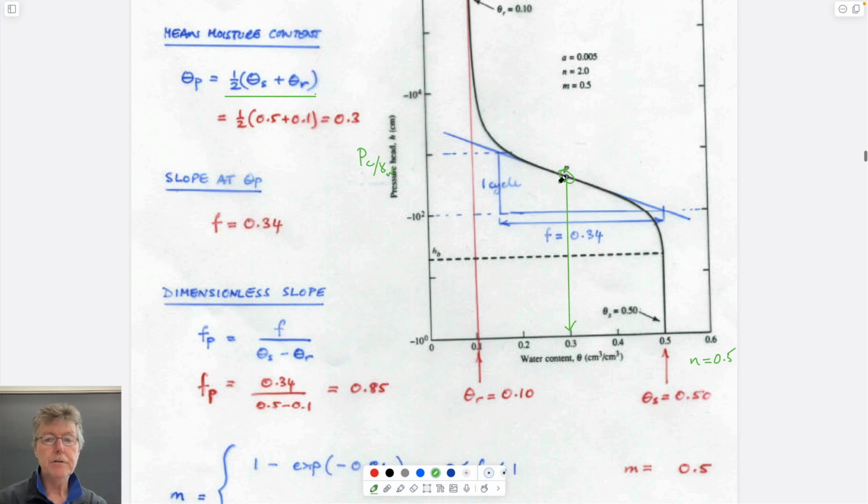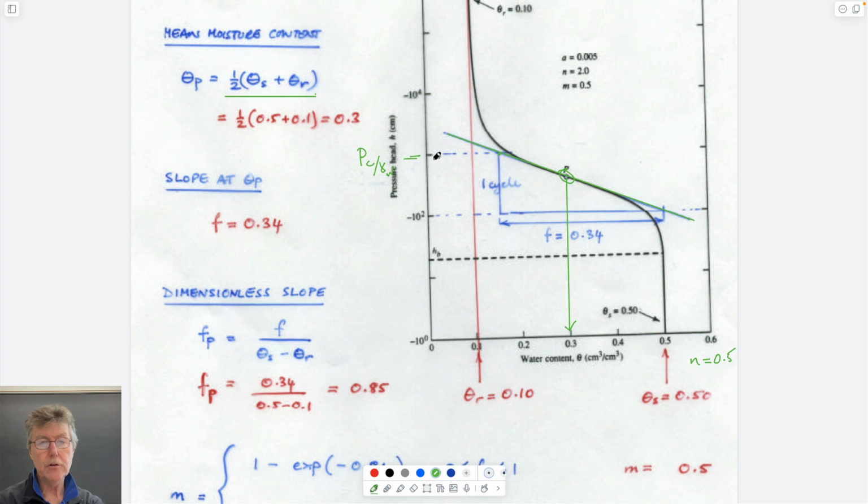To find the slope of this, we take one log cycle. This is a log scale, so this is 10 to the 4, 10 to the 3, 10 to the 2. They're negative pressures, they're in tension. So one log cycle would be here to here. So draw a tangent to this curve P that goes through these curves here.